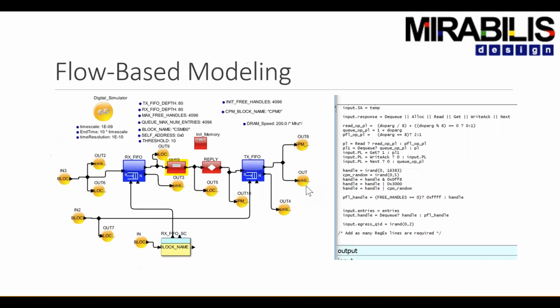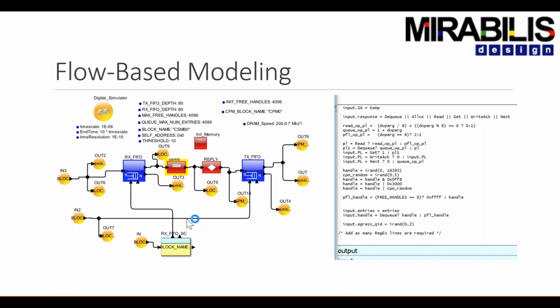Another way to look at this is looking at it more at the chip level, where I've got multiple requests coming in. I come to a receiver, have a transmitter, and I've got detailed things like free handles, addresses, thresholds, the initialization. So I can use a very detailed script like this that allows me to define the activity between the receiver and the transmitter FIFO.